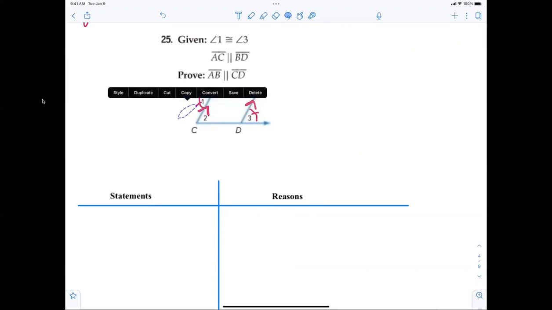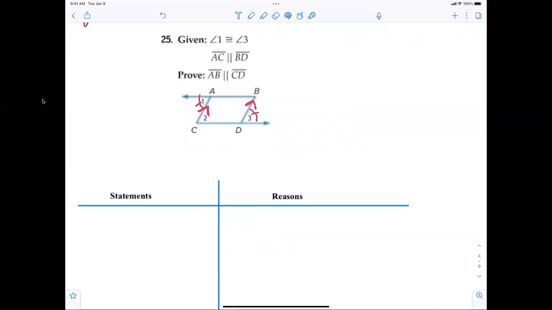I need someone to try to walk me through. We're trying to prove AB is parallel to CD. How do I know that AB is going to be parallel to CD? Good, thank you. Tell me.